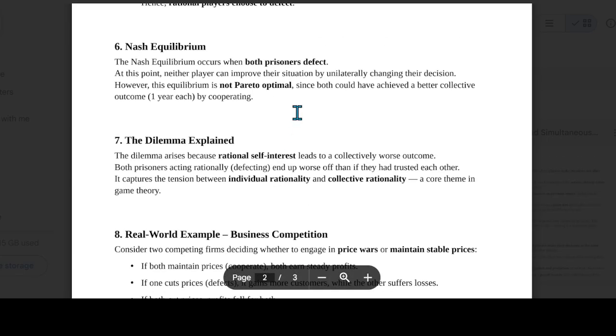It is not, the term used over here is that it's not Pareto optimal, that we have not studied, we've not gotten on to that. And if you don't know what that is, that's completely fine. You can just say it is not Pareto optimal, or that it is not the best outcome. Okay, both would have achieved a collective outcome by cooperating, right?